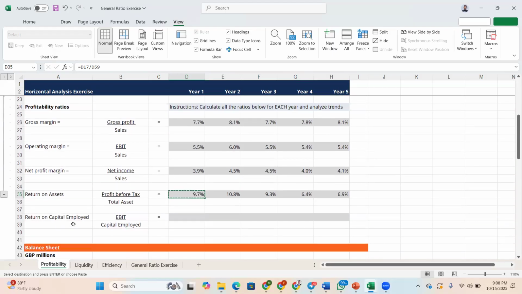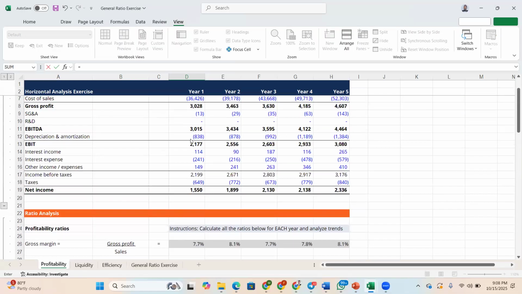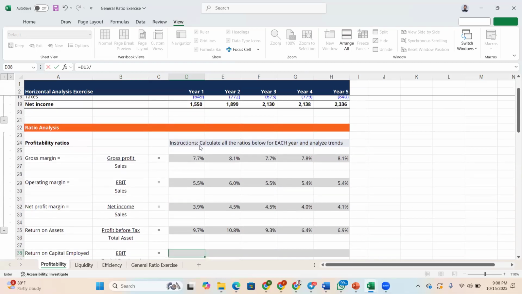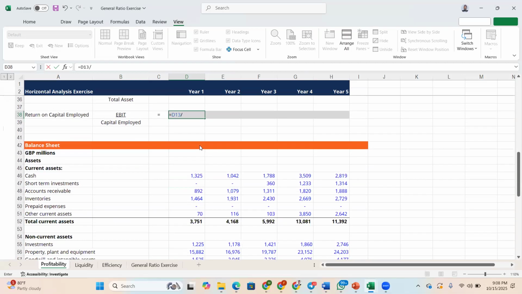Now we have return on capital employed. Return on capital employed is earnings before interest and tax, which is 2177, divided by your capital employed, so you open brackets, equity.